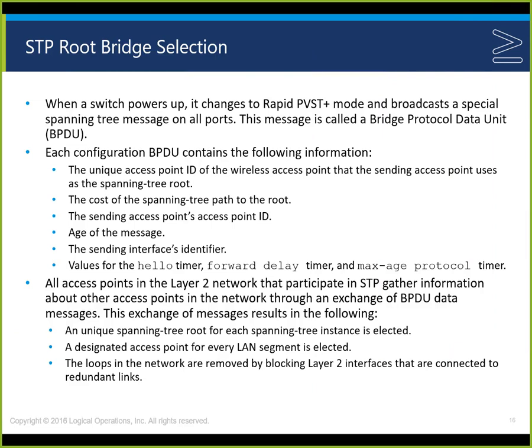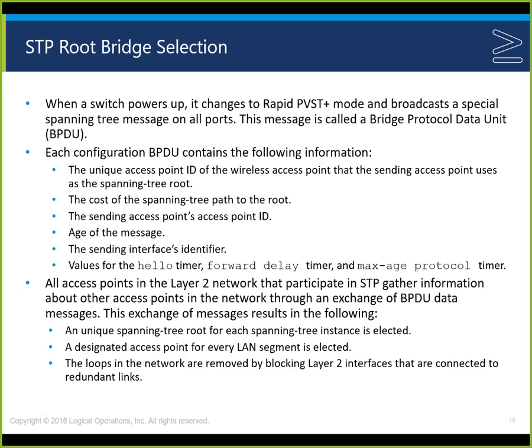Looking at cost to find out what is the best. And what really happens is they send a frame out, and it kind of goes around the world. If it comes back to you, then you know that there is a loop. All access points in the layer 2 that participate in STP gather the information about the other access points, and in exchange of the BPDU data messages, a unique spanning tree root for each spanning tree instance is elected.